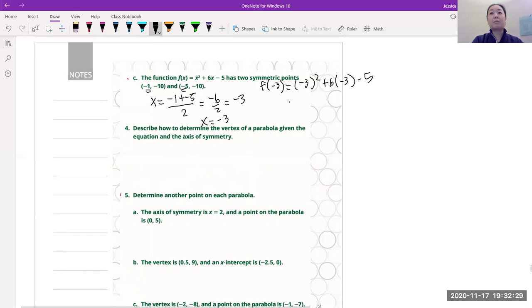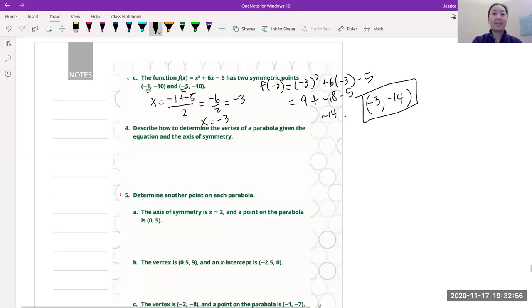So -3 squared is -3 times -3, which is 9, plus 6 times -3 is -18, minus 5. So that's 9 plus -18, which is -9, minus 5 is -14. So my vertex is going to be (-3, -14).